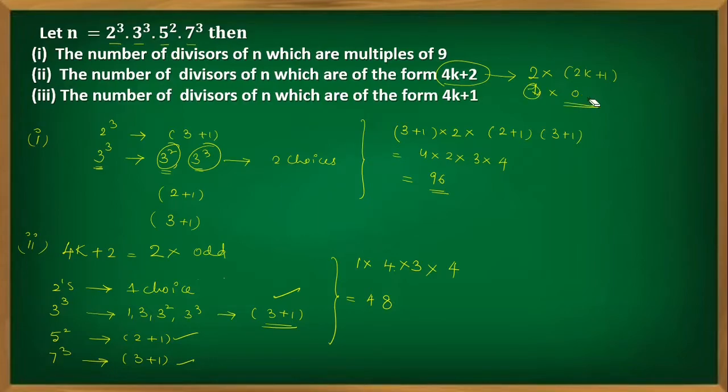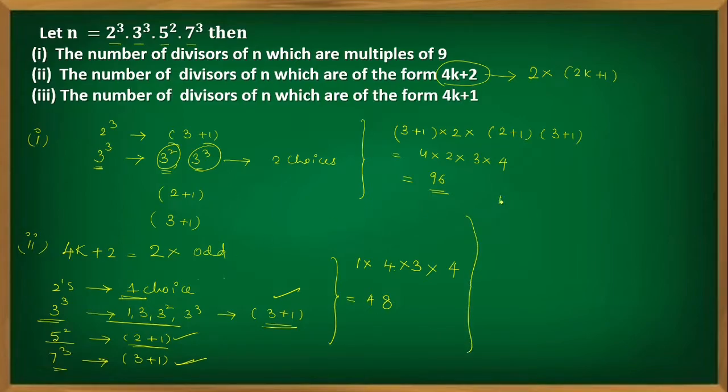So 2 we want, therefore there is only one choice for 2s, for 3 cube you have 4 choices, for 5 square you have 2 plus 1, 3 choices, for 7 cube you have 3 plus 1 choices. The total number of choices will be 4 into 3 into 4, which is 48. Okay, I hope it's clear to you.